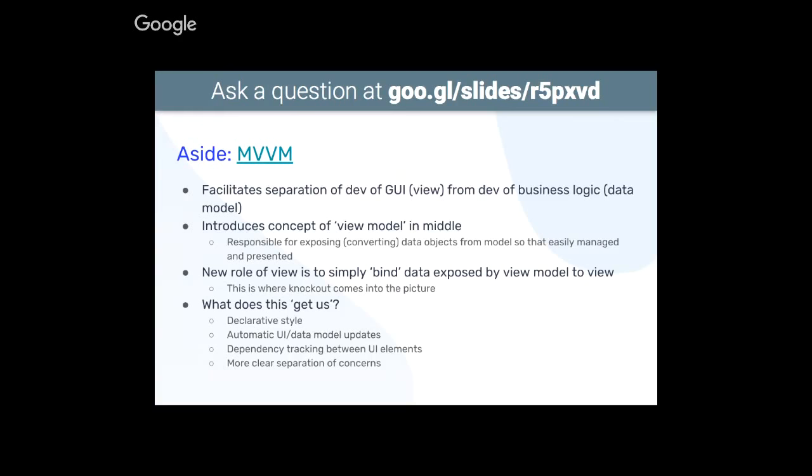And so with this MVVM setup, we're going to introduce the concept of a view model in the middle of our view, our GUI, or in the case of a web page, single page web app like we have, our markup, and our actual data model, which is our underlying JSON data. We've got this view model that's going to control basically how the view is exposed according to the underlying data. So now the new role of our markup is really just to bind the data exposed by our view model to actual visual components.